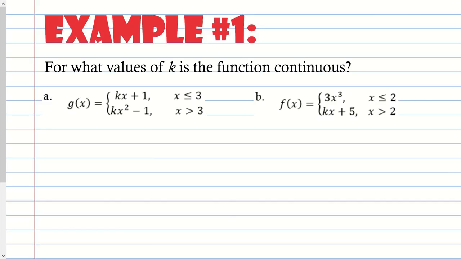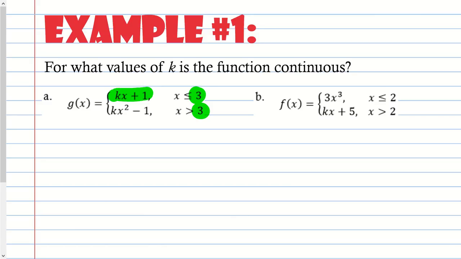So hopefully you can recall, for functions to be continuous, there are three requirements that need to be met. To start off, you want to know that if you were to plug your x value into the function, it exists. Here, the x we're going to be using is 3. The part of this piecewise function where 3 should go is here.